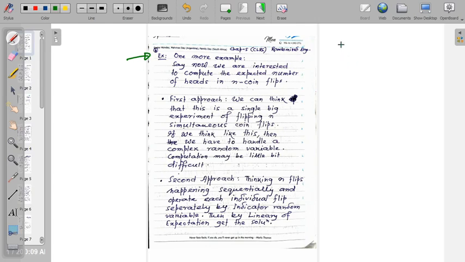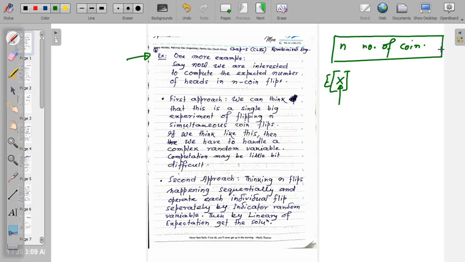If we are flipping n coins, what will be the expected number of heads? X is the total number of heads we are trying to count when flipping n coins.